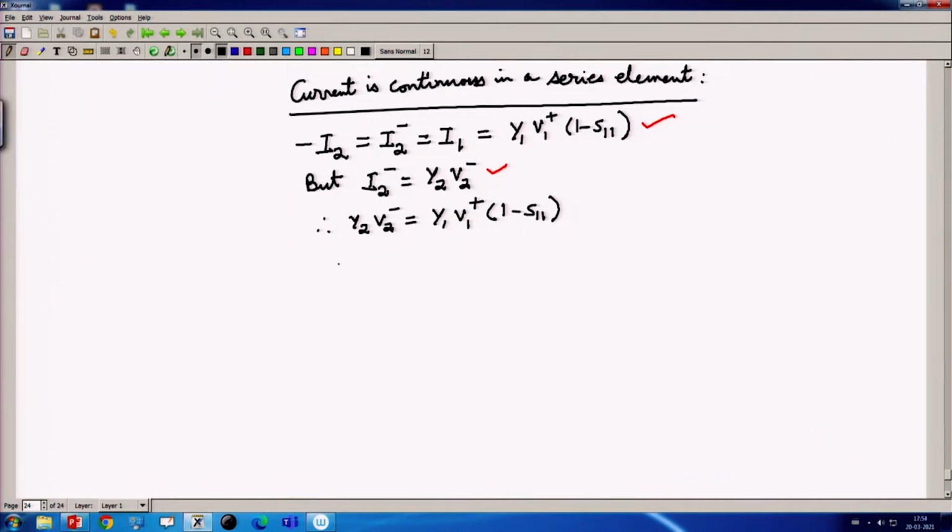So we now get S 2 1 as S 1 2 V 2 minus bar by V 1 plus bar.